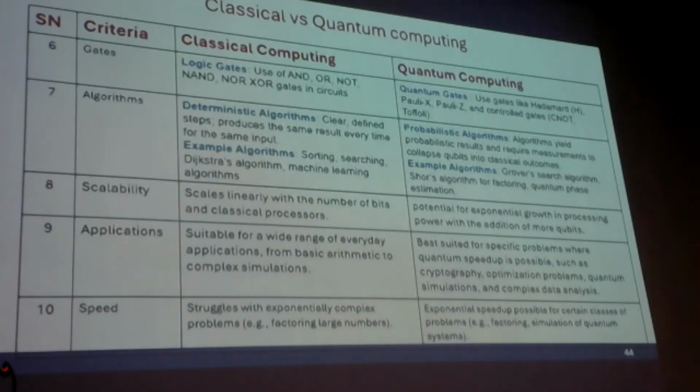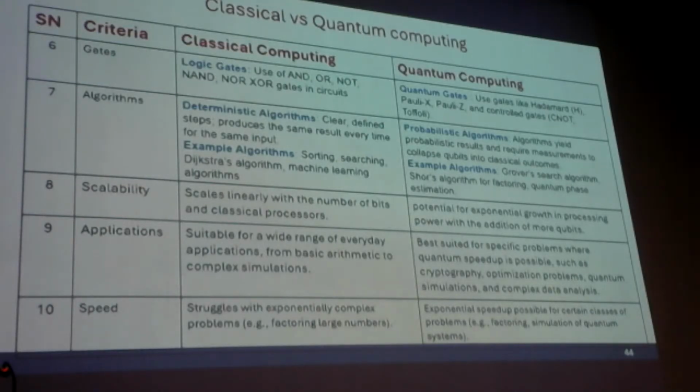And logic gates, AND, OR, NOT, NAND, and all that. Here in quantum, we have the Hadamard gate, which is very important to create superposition, Pauli X, Pauli Y, Pauli Z, then control gates. And again, you have single qubit gates, multiple qubit, that is two qubit gates, and so on.